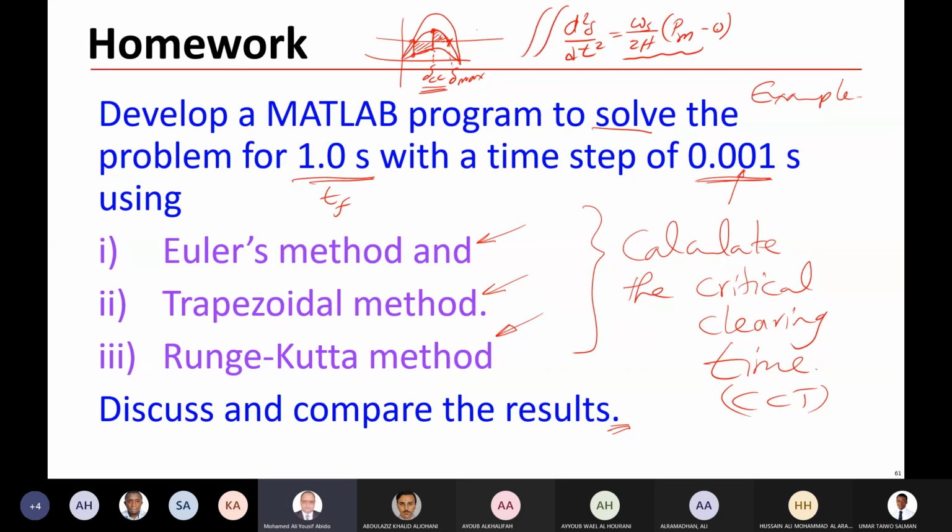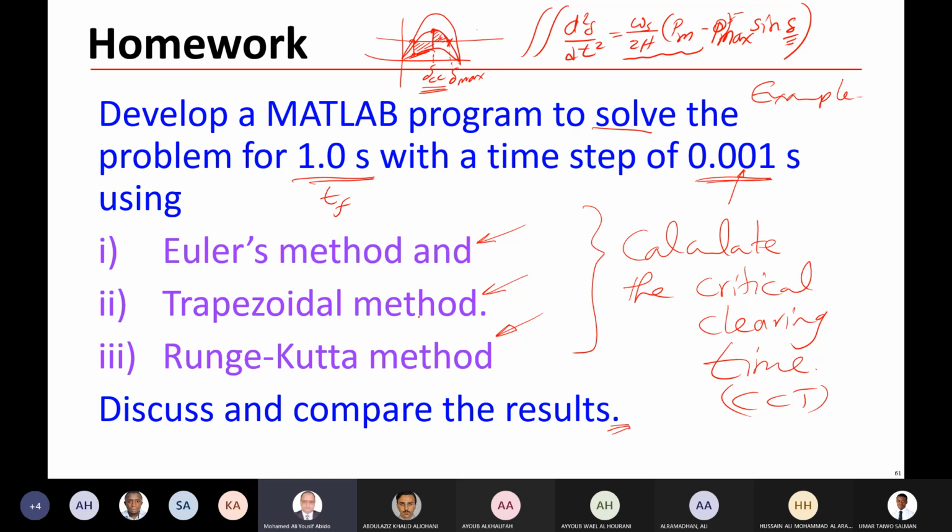Now if during the fault the power is not 0, it is a function of the angle, Pmax sine delta. In this case, we cannot double integrate. We cannot integrate, and we have sine delta here. This becomes very complex.